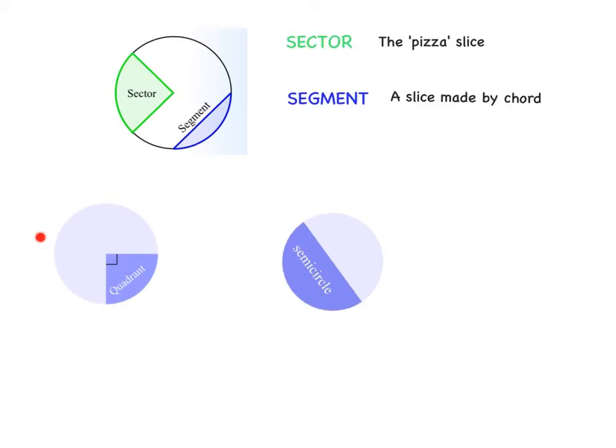Then there are special types of sectors. If we divide a circle into 4 equal parts, we get a quadrant. So 1/4 of the circle is named a quadrant, and if we divide a circle into 2 parts, we get a semicircle. We have a semicircle here and a semicircle here, half of a circle.